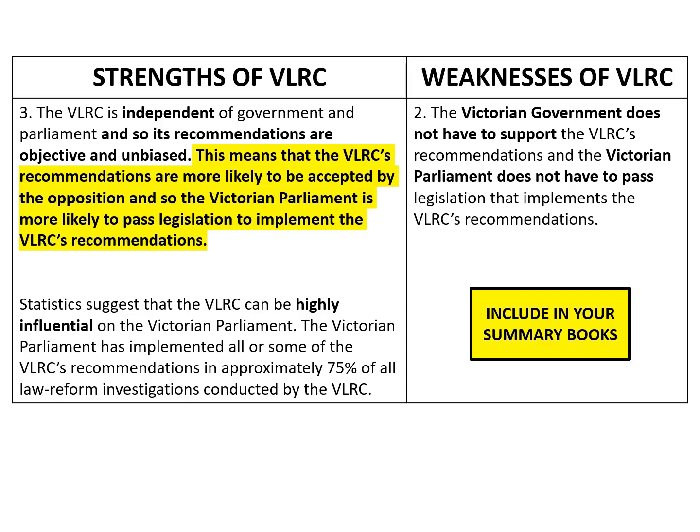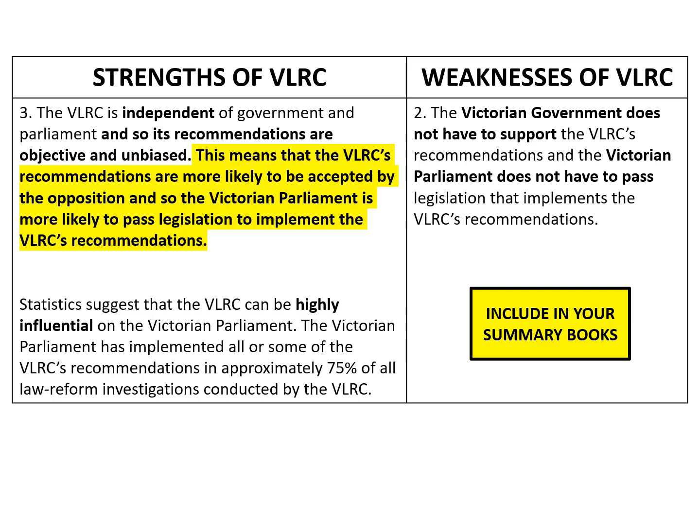In particular, the Victorian opposition is more likely to vote in favour of any bill that is introduced into the Victorian Parliament to implement the VLRC's recommendations to change the law. This in turn means that the Victorian Parliament is more likely to pass legislation to implement the VLRC's recommendations.